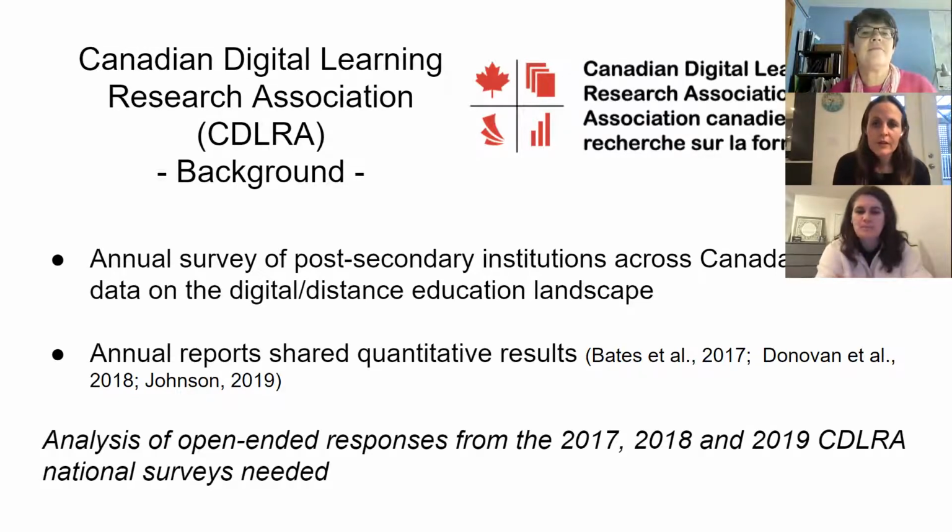Since the onset of the pandemic, we have shifted a bit. The demand on our services has certainly increased, and we run multiple surveys now per year. We've expanded our research efforts, but at the time that we were doing this project, it was a single annual survey, and in this study, we provide the analysis of open-ended responses from the 2017, 2018, and 2019 national surveys. All right, next slide.